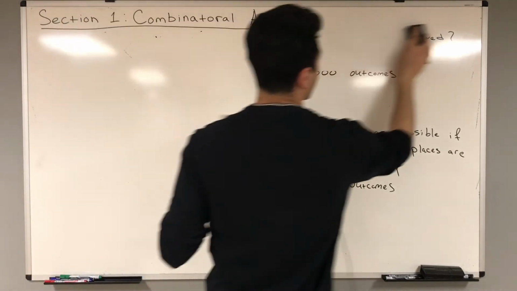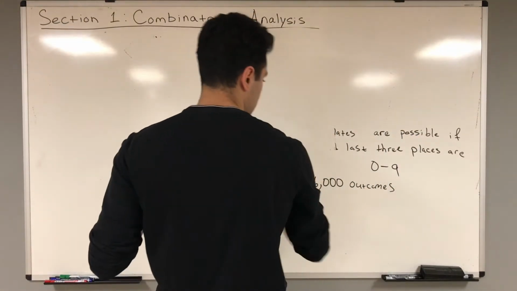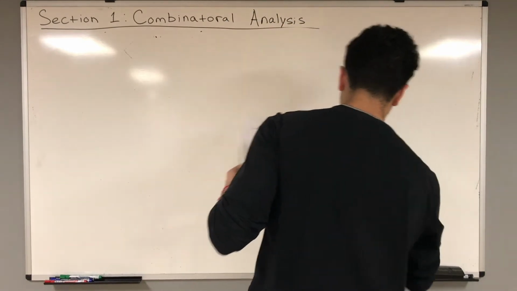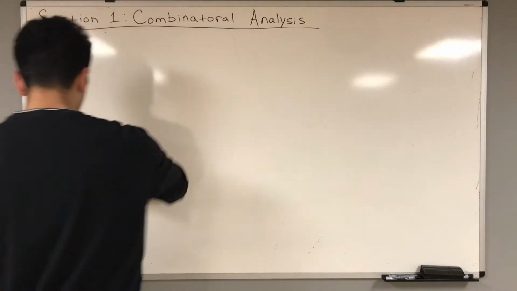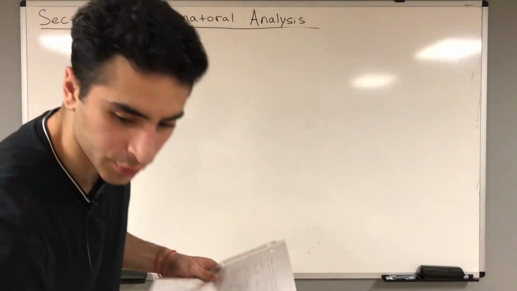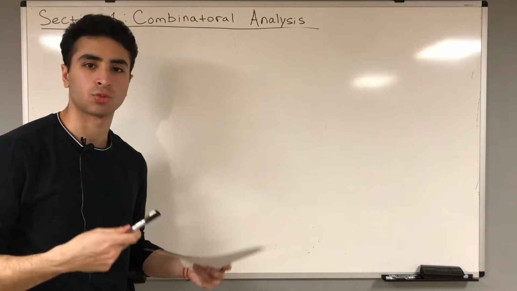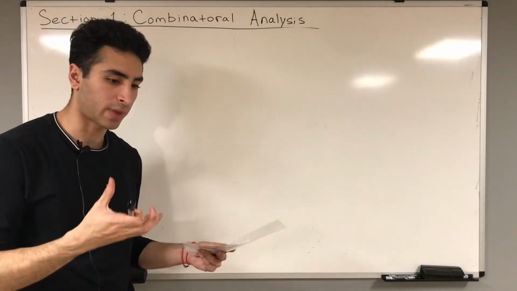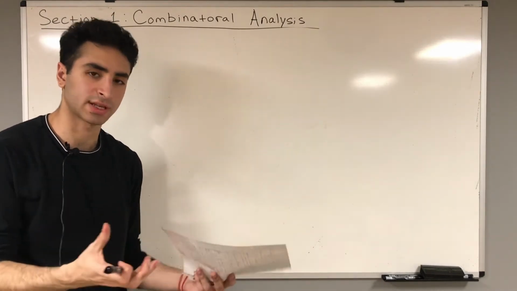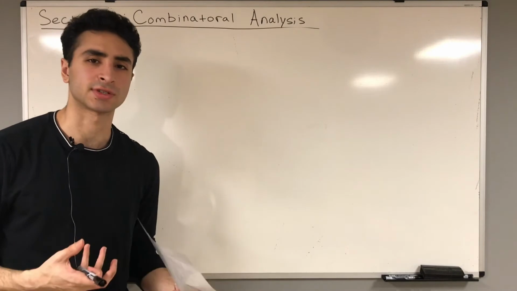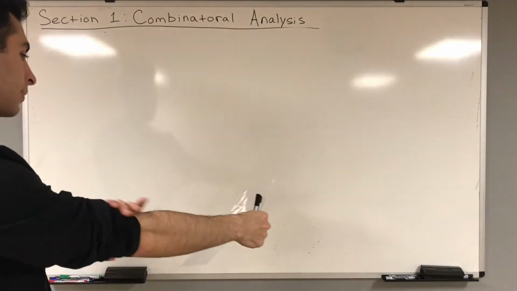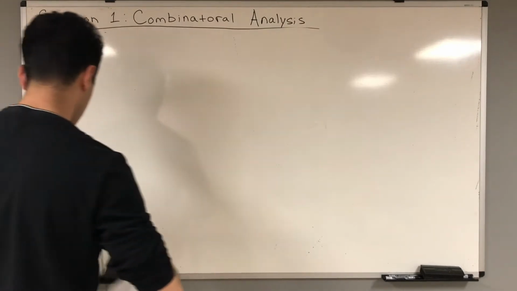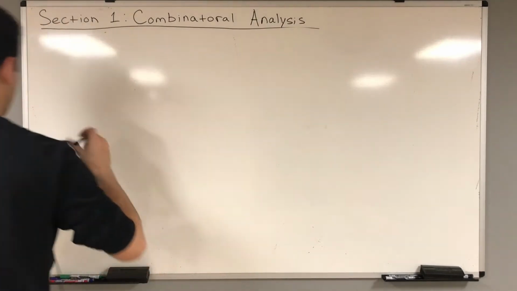You just have to understand what the question's asking at first, and then it doesn't become too hard. But remember, you always have to bring it back to what we've just learned. You always have to ask the question, can I use the basic principle of counting here? Can I use the generalized version of it somehow? So I'll write up the example, and I encourage you to try it on your own.